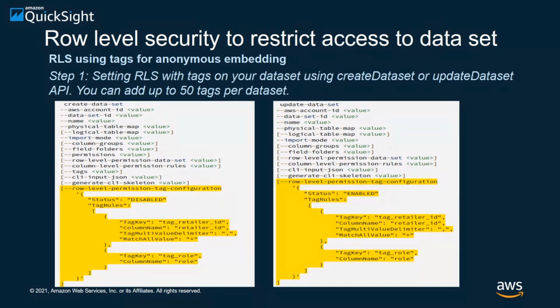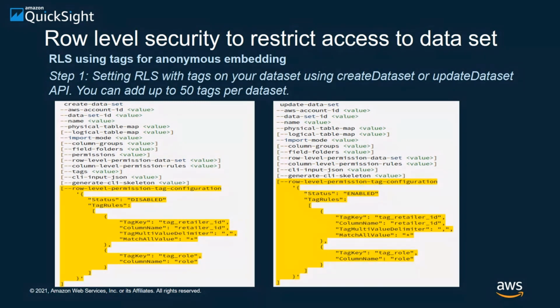Your column name matches your dataset's column name, and tag key can be anything. Here I'm assigning two tag keys, tag retailer ID and tag role. Tag retailer ID is for your column name retailer ID, and tag role is for your column name role. And I'm able to do that for a brand new dataset using create dataset, or I'm able to update an existing dataset using update dataset API.